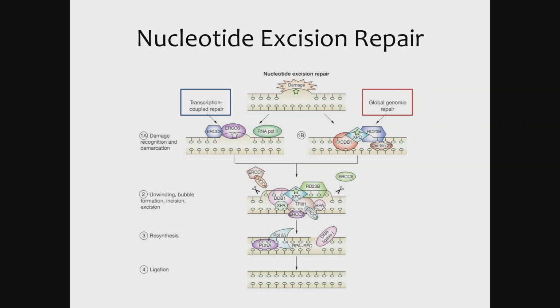They will have two names, and it depends who you like better, so you name them. But these are the same proteins. And then after that, the same machinery is recruited, TFIIH, and all the enzymes that allow the polymerase and the ligase and all the other things. So the only thing that is different is which regions are recognized and by whom. One is in the global genome and the other one is in transcribed genes.